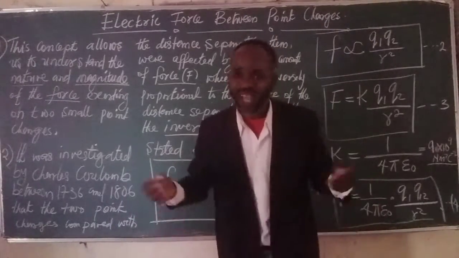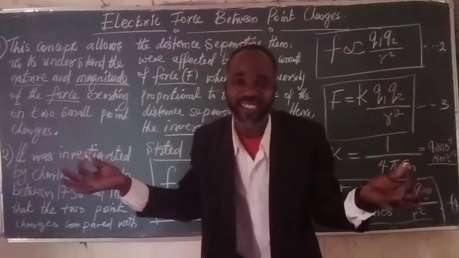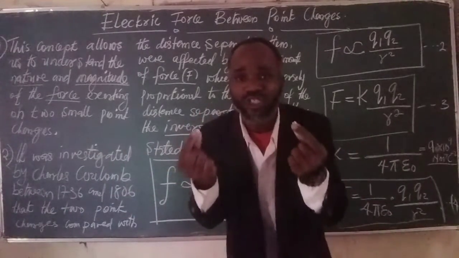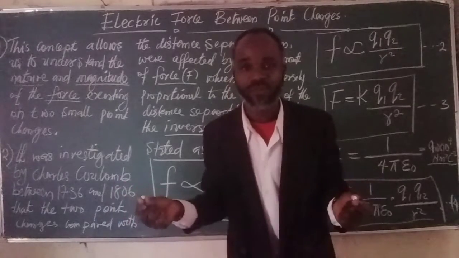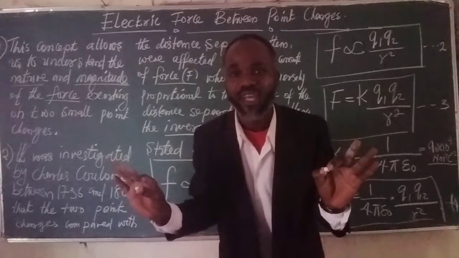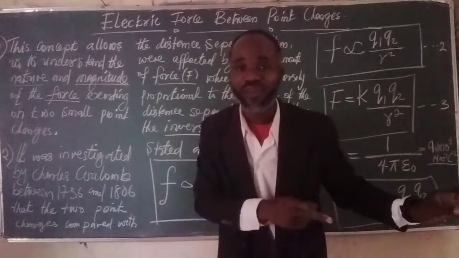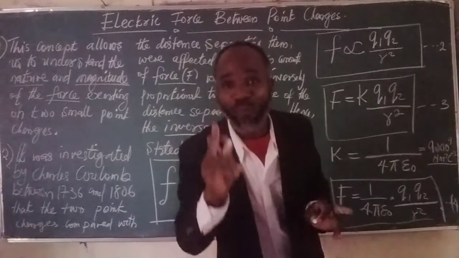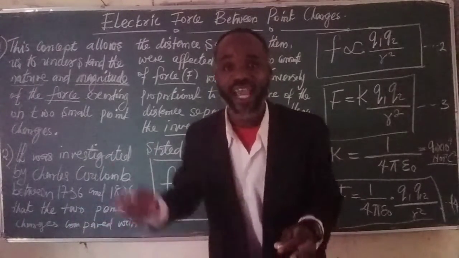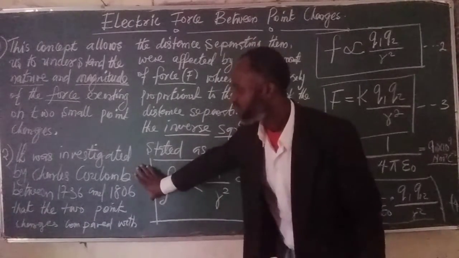He said, if that is the case, if the distance between these two point charges were to be compared with how small these two point charges were, it means the force exerted upon them is inversely proportional to the square of the distance separating them, but directly proportional to the product of the two charges, Q1 and Q2 respectively. That's what it means.